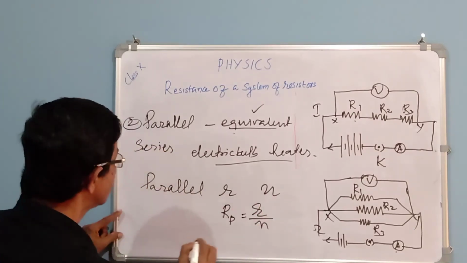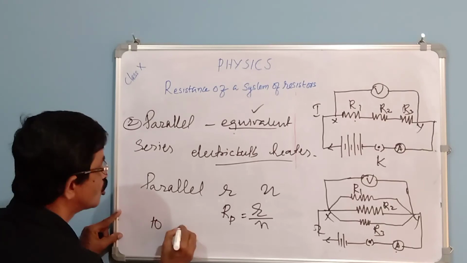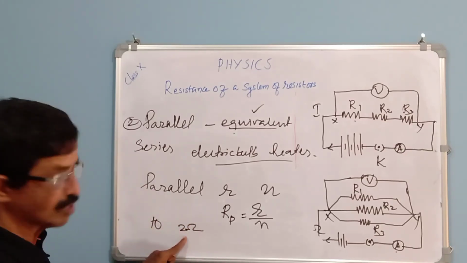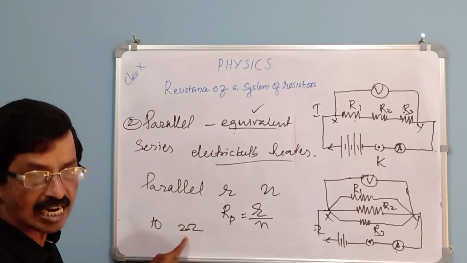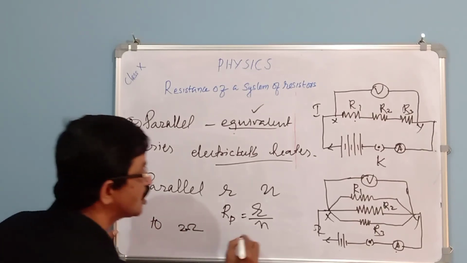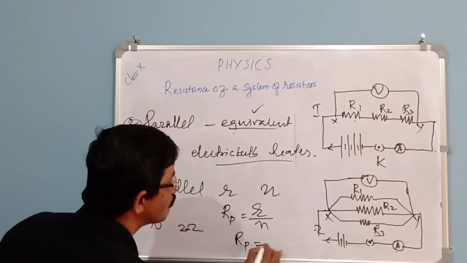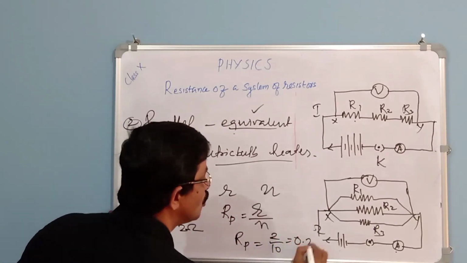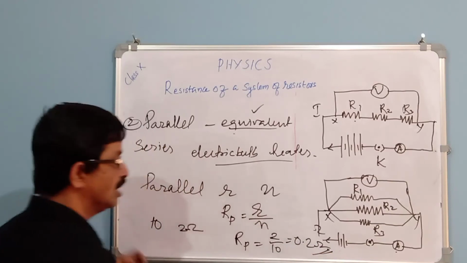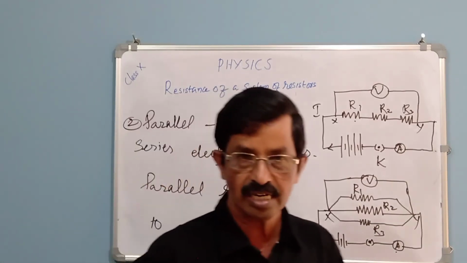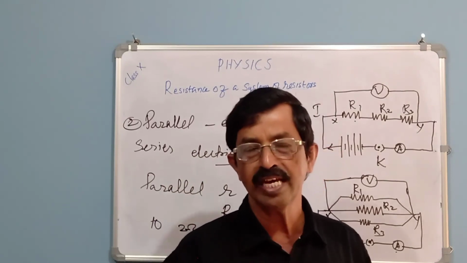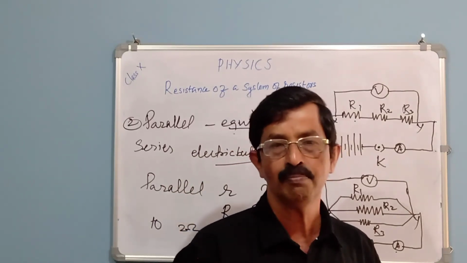For example, suppose 10 resistors of 2 ohm are connected in parallel. Then the effective resistance in the circuit, Rp, is equal to 2 by 10, that is 0.2 ohm only. That means we can reduce resistance considerably in the circuit if they are connected in parallel.